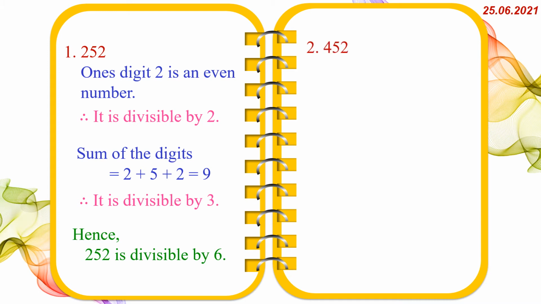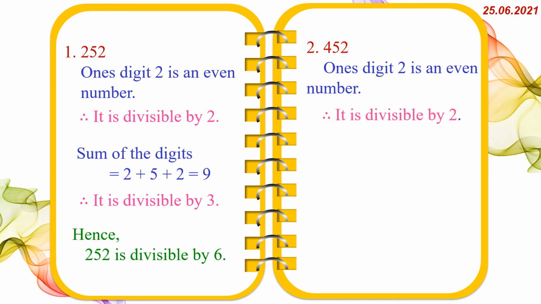The other example, 452. Here, ones digit is 2. Ones digit 2 is an even number, so it is divisible by 2. Let us find the sum of the digits. Sum of the digits equal to 4 plus 5 plus 2 equal to 11. 11 is not a multiple of 3.